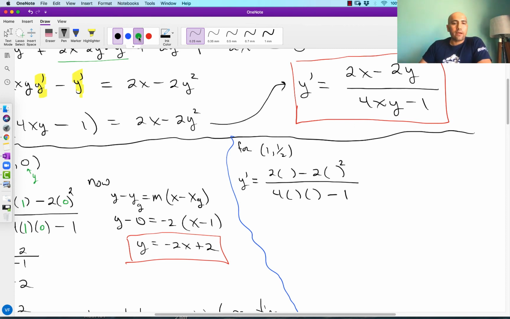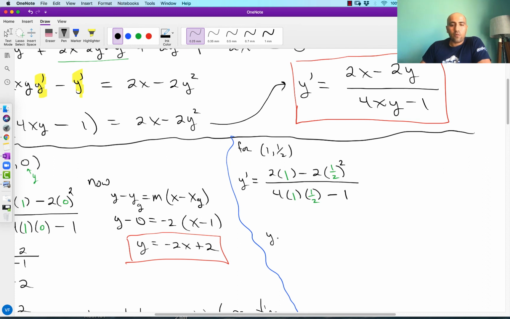And this is where x is 1, so put a 1 there, put a 1 here. And y is 1/2, so we put a 1/2 there and a 1/2 there. Okay, so let's try and simplify this. 1/2 squared is 1/4.